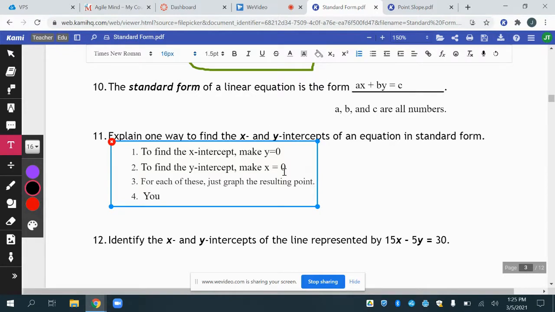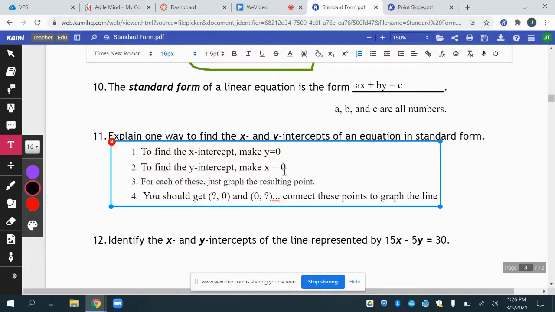You should get question mark, 0 and 0, question mark. Connect these points and graph the line. That is how you can do this, okay?